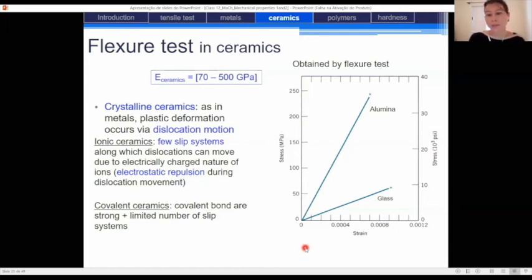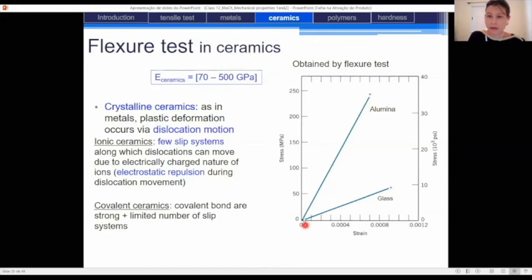And from the slope of this curve, we can determine the elastic modulus. For ceramics, the elastic modulus ranges between 70 and 500 gigapascal, so it is slightly higher than that of metals.